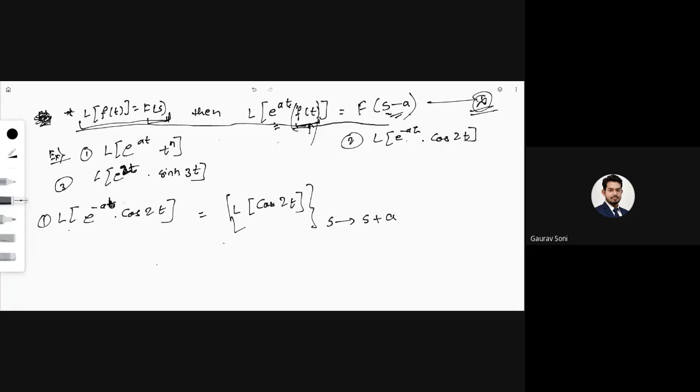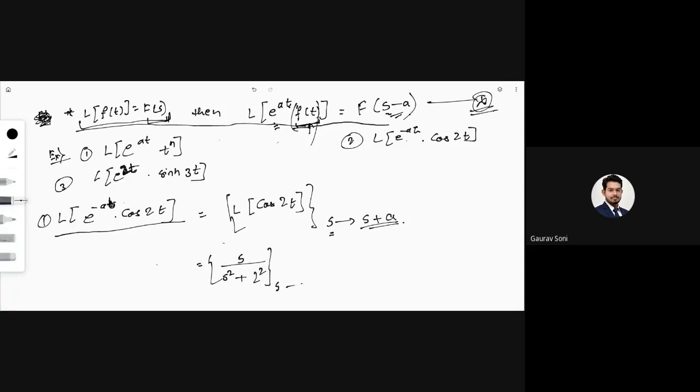Now in this example, we have to find Laplace of e to the power minus at cos 2t. So in the Laplace transform of cos 2t, I am replacing s by s plus a. I hope this step is clear to everyone. Laplace of cos of 2t is nothing but s upon s square plus a square, but here a is 2.